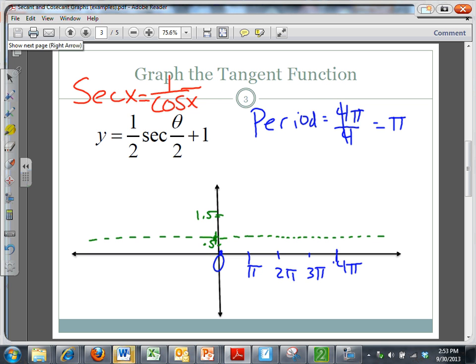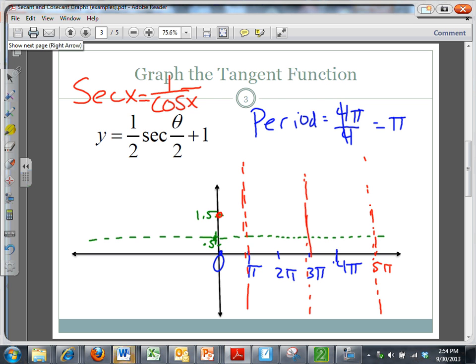Like I said, because it's correlated with cosine, that means I'm going to start up first. Then I start on the x-axis at my very first point, and my asymptote will be every other. So the asymptote is at pi, not at 2 pi, at 3 pi, not at 4 pi, and if you want to go again, 5 pi would also be an asymptote. So you could keep going by every other pi.